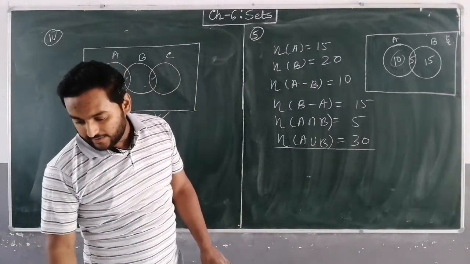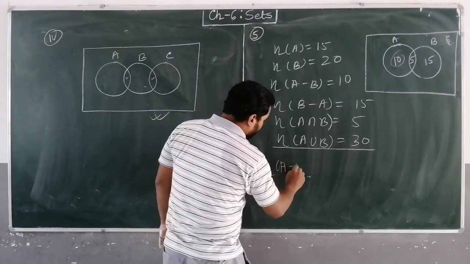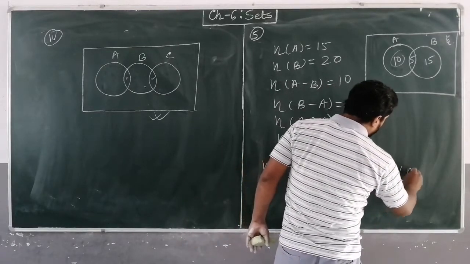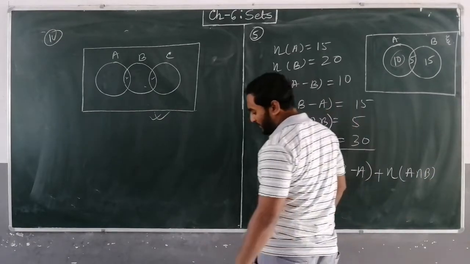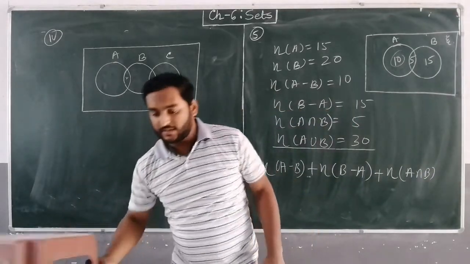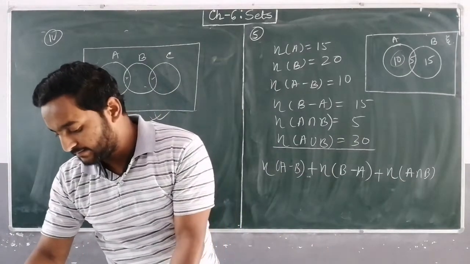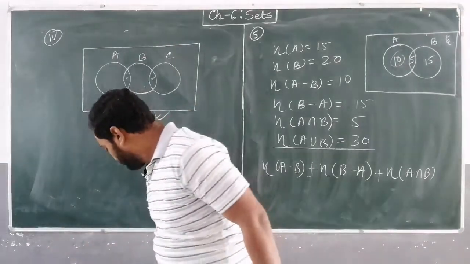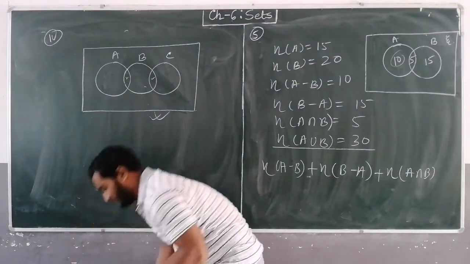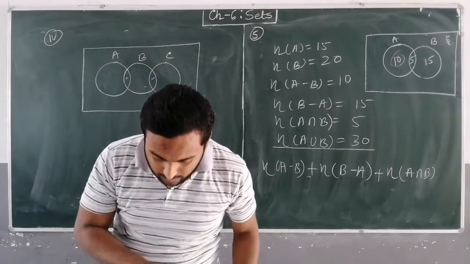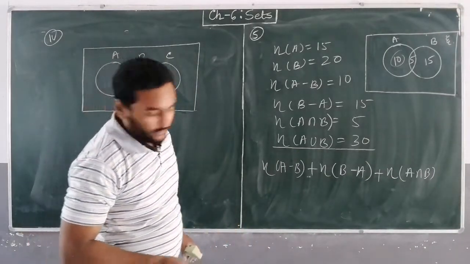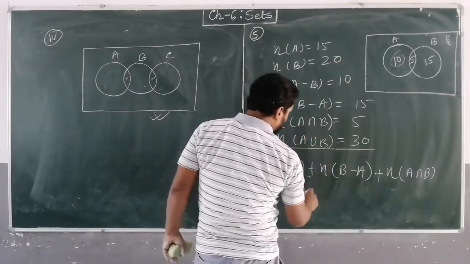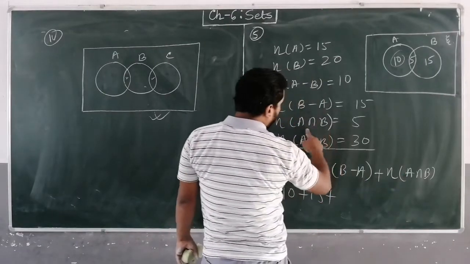So right hand side, what is given? Cardinality of A minus B plus cardinality of B minus A plus cardinality of A intersection B. Cardinality of A minus B is 10, B minus A is 15, and A intersection B is 5.